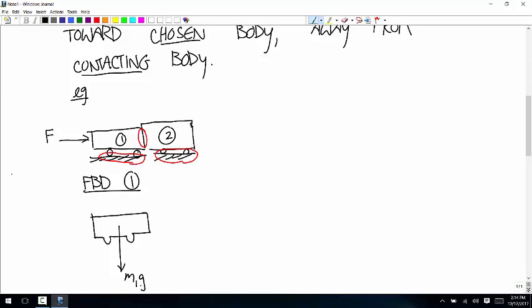Okay, so what's the surface of contact? We know it's perpendicular to the surface of contact. So what is the surface of contact between the wheels and the ground? That would be the ground. And so we know it's perpendicular to that. So it's up or down. Okay. And now we have to think about, is it up or is it down? Well, it's toward what we're choosing to isolate, away from the contacting body. So it's toward the part away from the ground. So it's up. Okay.